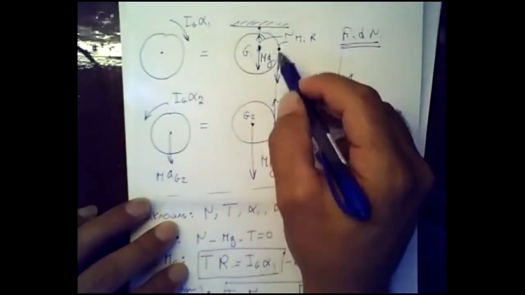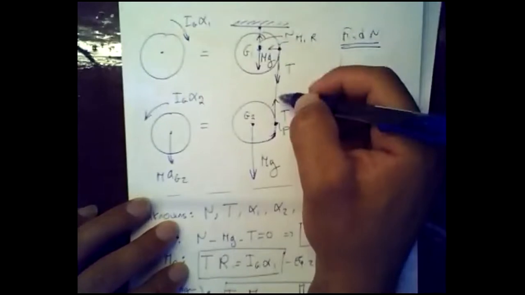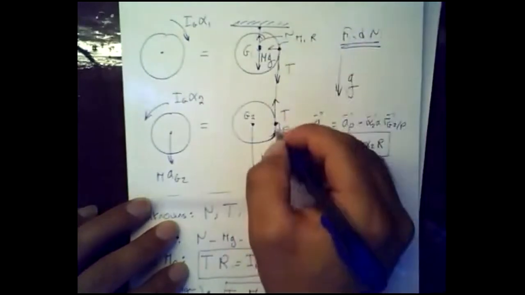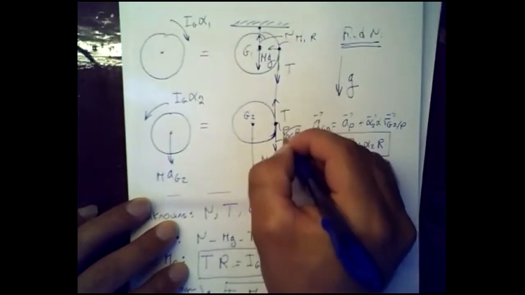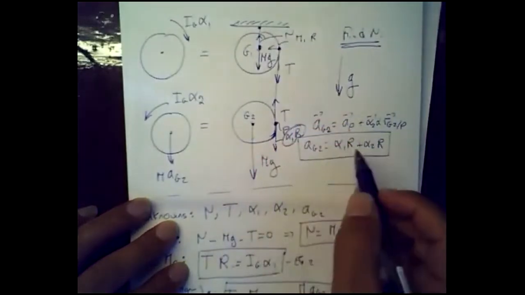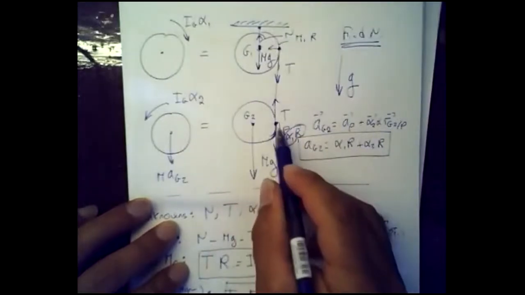So the acceleration of this point will be alpha r in that direction, and it will actually be equal to omega squared r in the other direction. But since we're only considering the vertical component, point P will have an acceleration equal to alpha 1 times r. And then you can simply relate the acceleration of that point with the acceleration of point P.